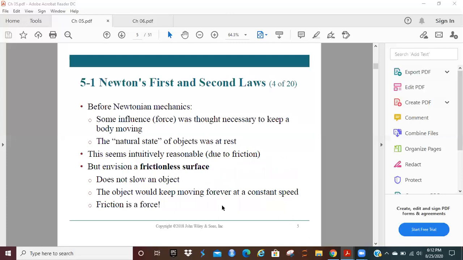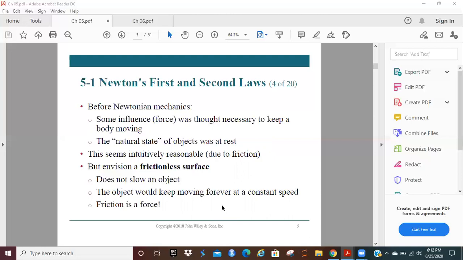So before Newtonian mechanics came along, we had thought that some force was keeping things moving, and that the natural state of objects was to be at rest. That's not really the best way to look at things.